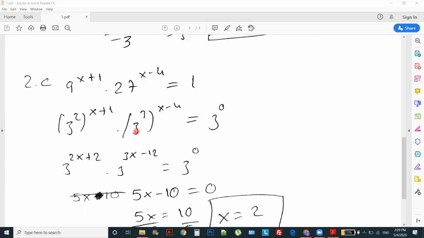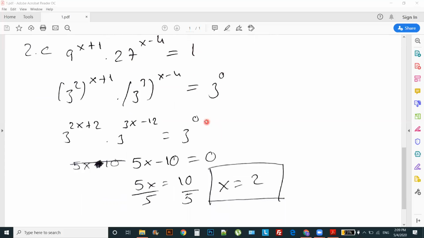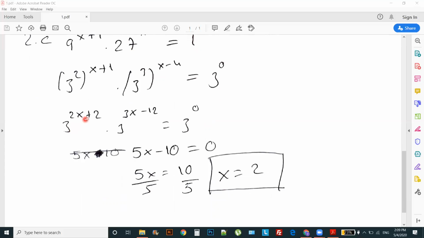Guys, since I have the base of 3 here, I want all of the bases to be the same. So I'm going to write 3 to the power of 0 for 1. Remember, the 0 power of all the numbers is 1. So now I have 3 to the power of 2x plus 2 times 3 to the power of 3x minus 12 equals 3 to the power of 0. Remember, when we are doing multiplication with the same bases, we add the powers. 2x plus 2 plus 3x minus 12.